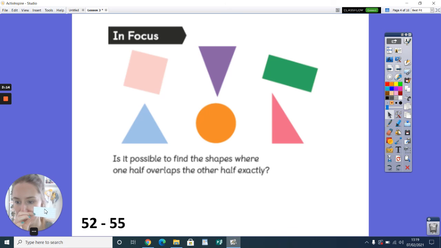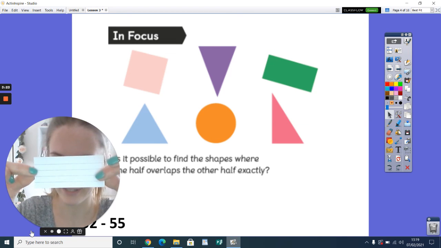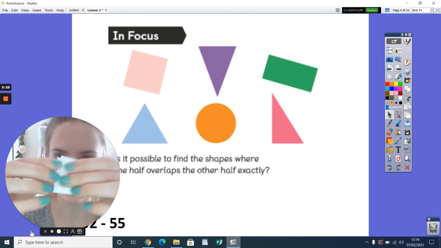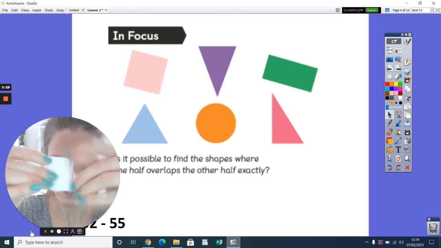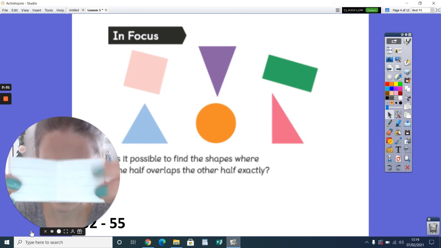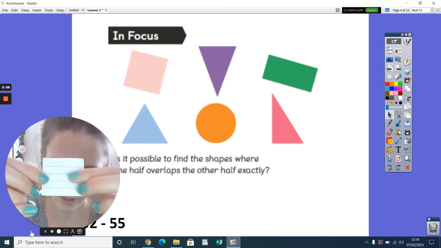So I've got a rectangle here, and I'm just going to make myself a little bit bigger to show you what I mean. I'm going to fold it in half. Got to be really careful with our folding. So that, as you can see, this half of the shape overlaps the other one exactly.